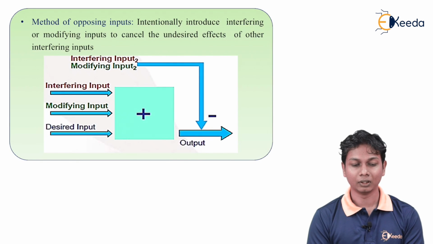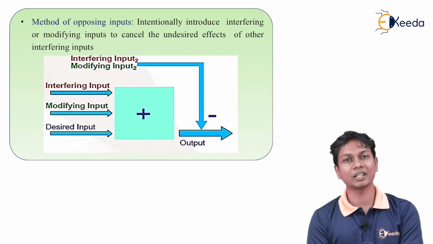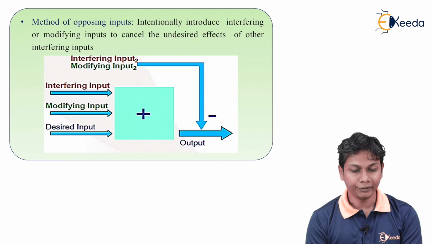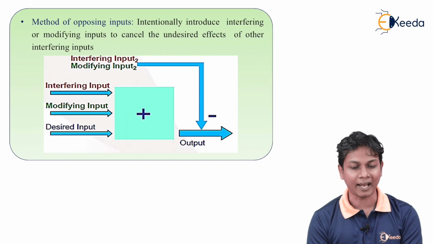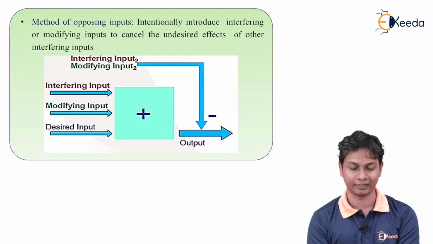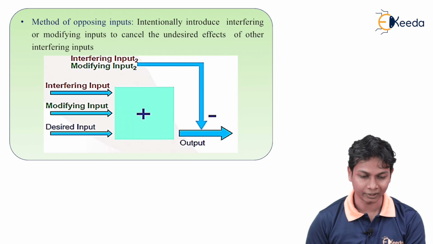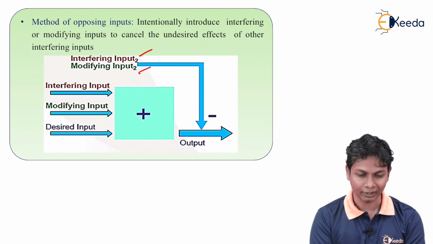Now the last part is the method of opposing input. What is that? It introduces an interfering or modifying input to cancel the undesired effect of another interfering input. See here, interfering input 2 and modifying input 2 are also there.